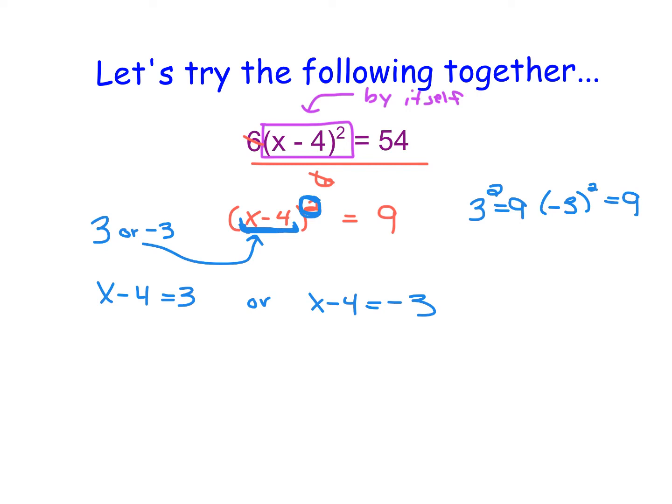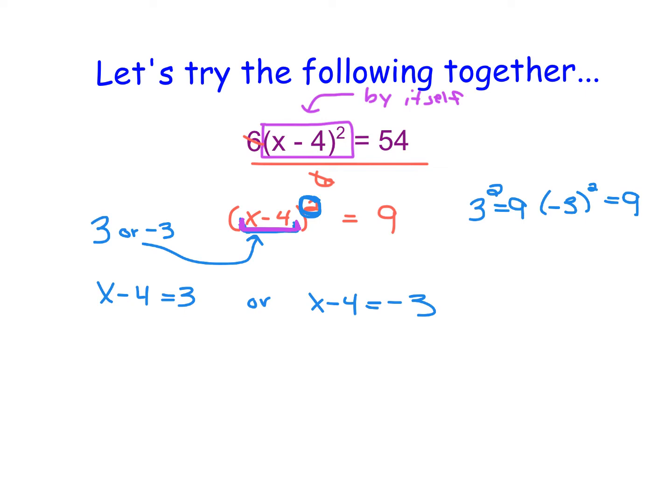So what we can do is brainstorm what the inside of this would need to equal in order for that equation to be true. Well, the inside of those parentheses needs to equal a positive 3 or a negative 3 so that when it is squared, it equals 9.